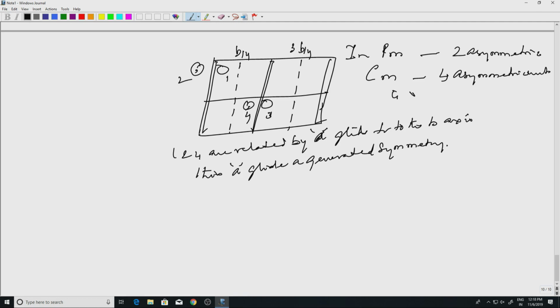That is x, y, z, x, y bar, z goes to x, y, z, x, y bar, z plus half, half, 0.